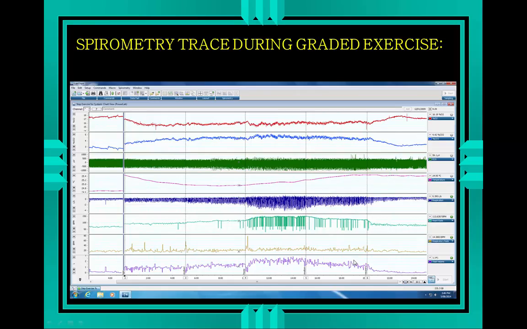This is the trace that we get, which is cranked up in complexity somewhat, and I'll take you through what this trace actually means. I apologize for some of the printing on the screen being particularly small, but it's not that important. On the y-axis we have a number of different modalities that are measured, and I'll take you through each of those.